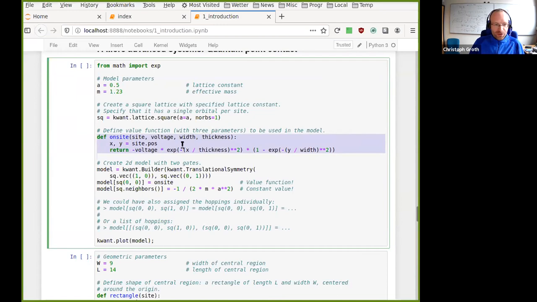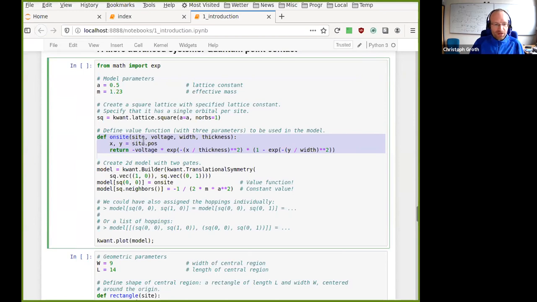So this allowed me to define a quantum point contact potential using two Gaussians multiplied with each other. So what happens here is when this function gets called, I get a site object and also the parameters. And site has an attribute called position, or rather it's a property of site.